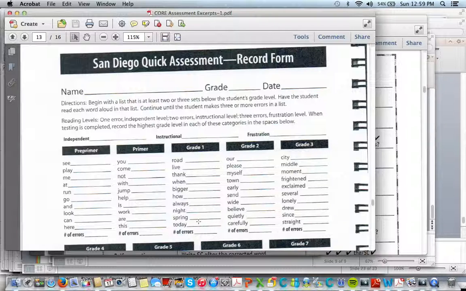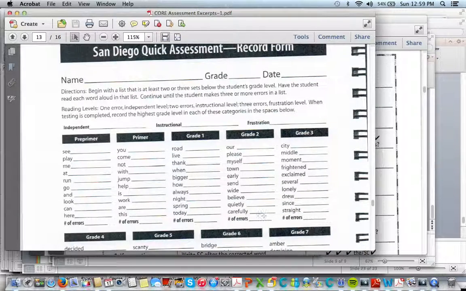So how many did they get wrong? Then you move to the next list, grade 2, counting the number of words correct and the number of errors. You mark it right here, and so on. So 1 error is independent level, 2 errors is instructional level, and 3 errors is frustration level. Once you get to a list where they make 3 or more errors, then you stop.